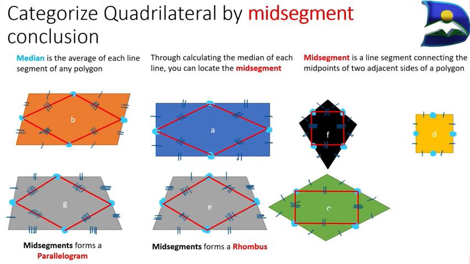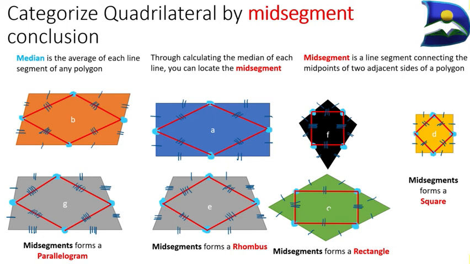Therefore, a kite and a rhombus will form rectangular midsegments. And finally here we have a square, where all the midsegments have an equal length. And in conclusion, this means that a square has a midsegment that forms a square.